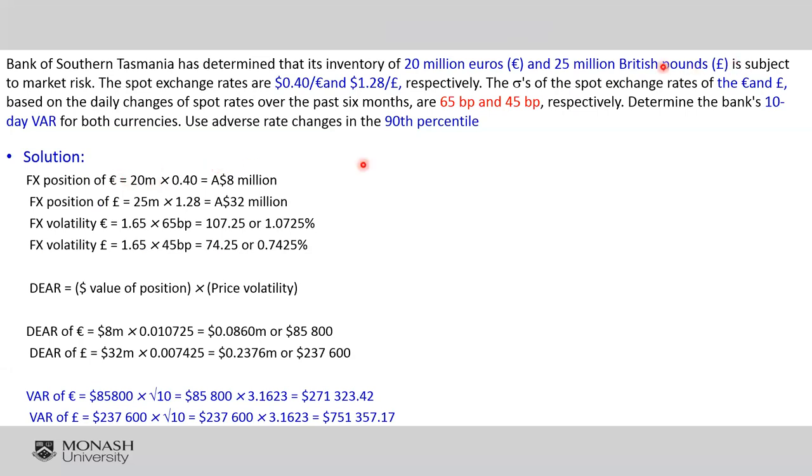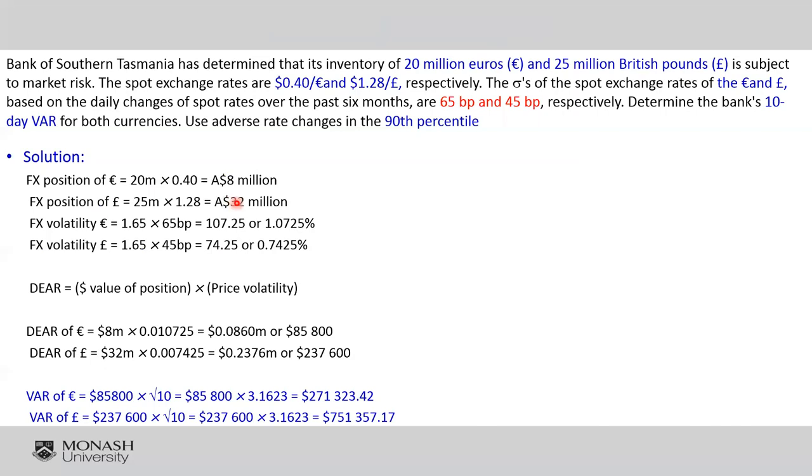And I have the exchange rates, which are 40 cents and 1.28. Maybe this 40 cents is not actually logical for the euro, but just take it like that. So we have $8 million actually, and we have 32 million. Now we transfer this to Aussies or the Australian dollars.